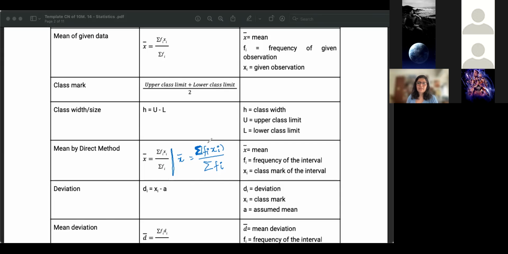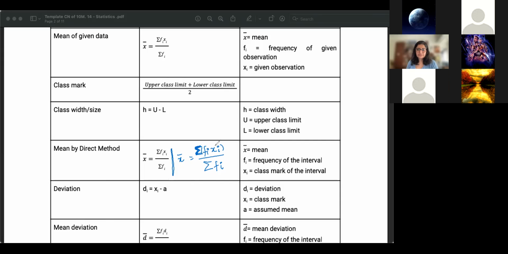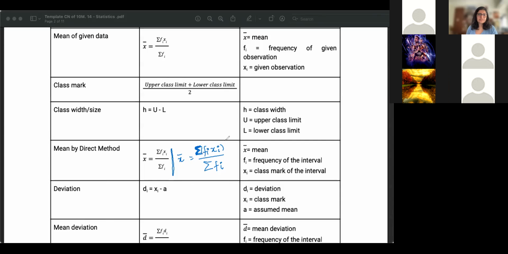We'll not use that. So this i is basically a counter. When I say sigma of xi, sigma means sum, right? Sum means there should be a minimum of 2, like 2 or 3 or 4 things that we can add up.